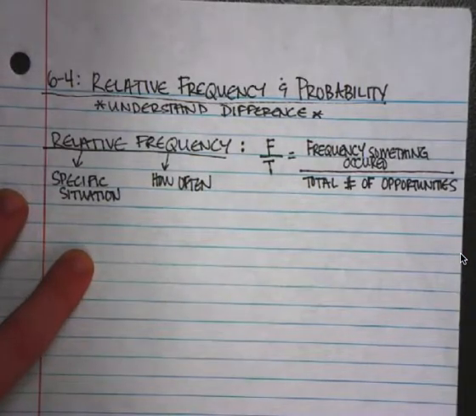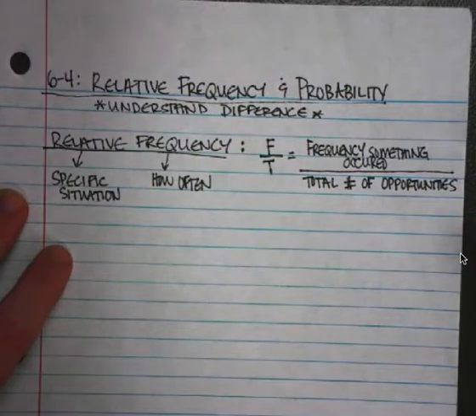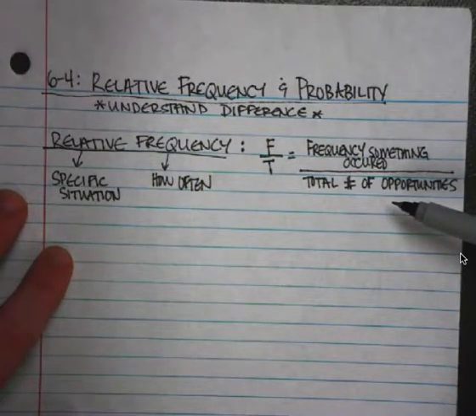And again, hopefully with the activity that we did, this is kind of linking to that so you can see what I'm talking about with frequency and then total number of opportunities. We'll do some more examples as well.